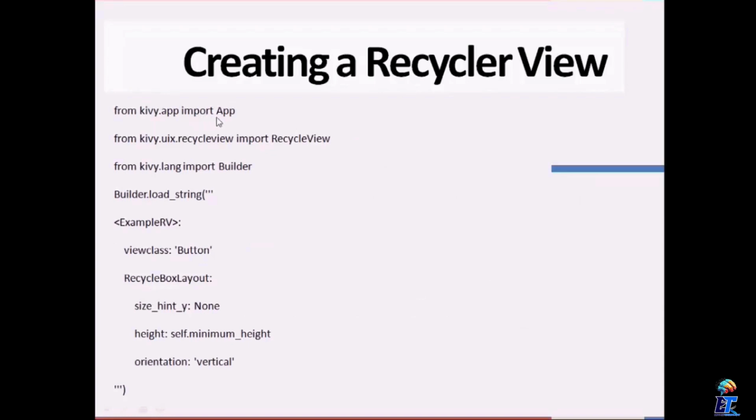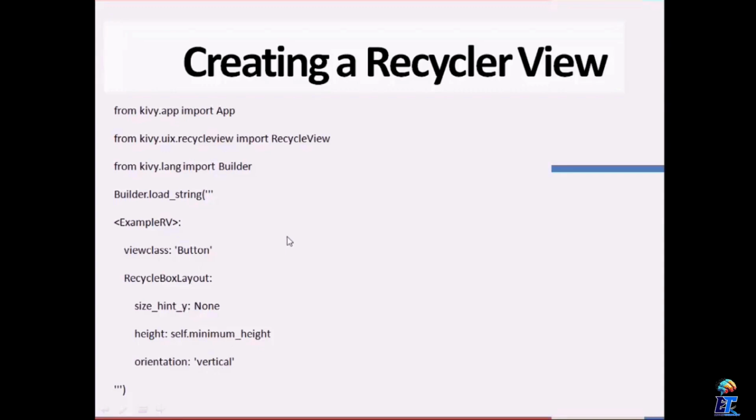As you can see, first we import App from kivy.app. Then we import RecycleView from uix.recycleview, and then we import the Builder from kivy.lang. As I have told, we define the properties in Builder.load_string, like the button, and we set the height and we set the orientation.